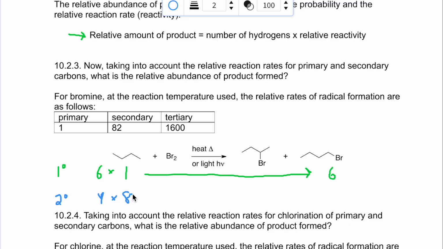However, the relative reactivity is 82 times as likely to react, 82 times more reactive. That makes 328. So for every 6 molecules of primary, I should put this over here.